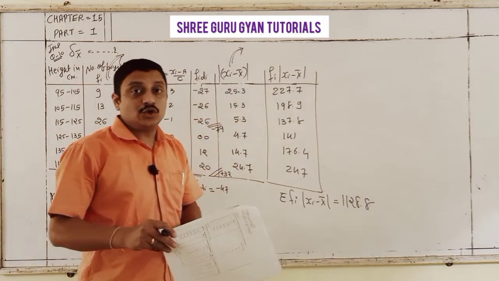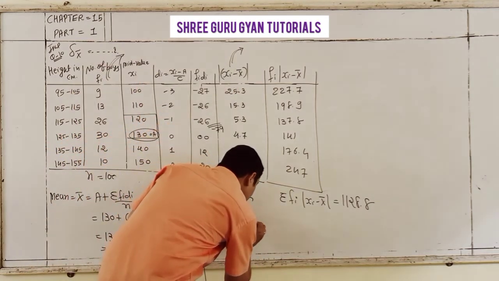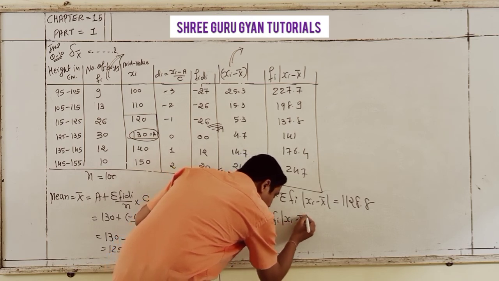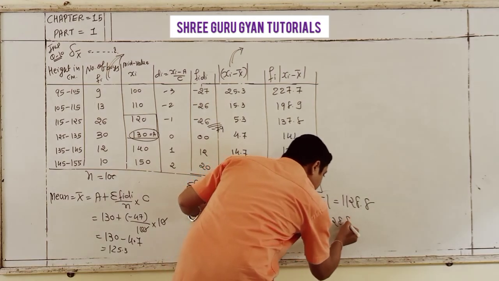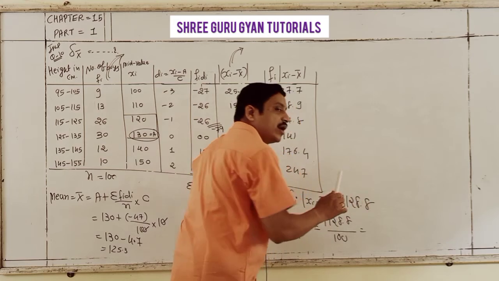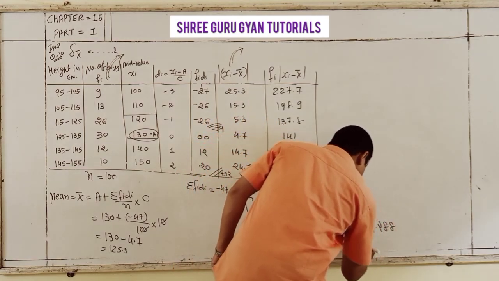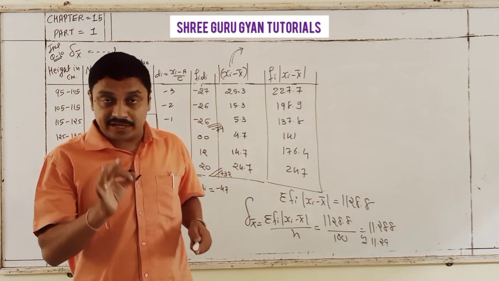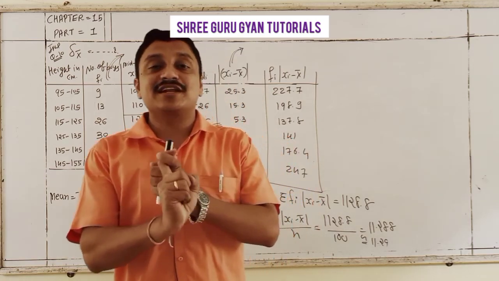Yes, 1128.8, and we get the answer, students, for average deviation about the mean, sigma fi xi minus x bar by n. So 1128.8 upon n, which is 100. It should be very easy: 11.288. Approximately you will write down 11.29, and students, this topic, average deviation about the mean, is done.